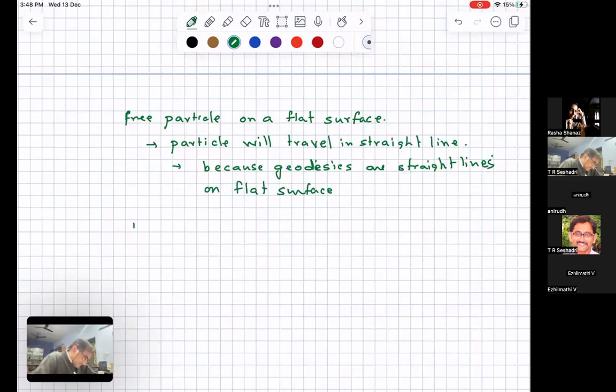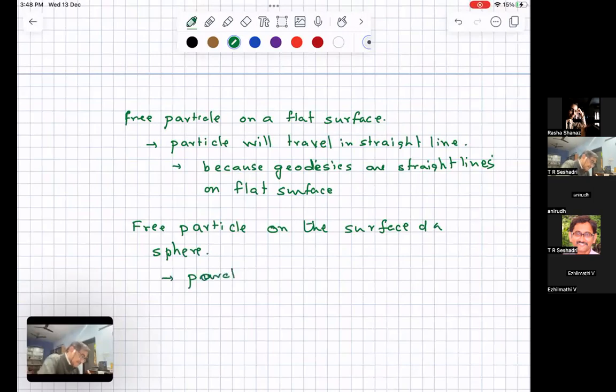Now, if I have a free particle on the surface of a sphere, then what will be the trajectory of the particle on the surface of a sphere, a free particle?